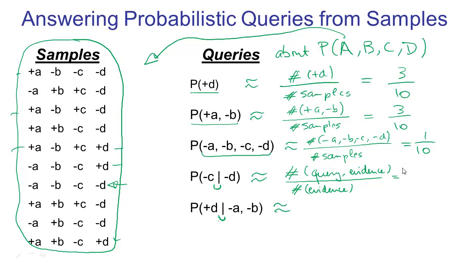So in this case, it's the number of times in the samples we see minus c and minus d divided by the number of times we saw minus d. Minus d appears 7 times. Minus c minus d appears 4 times. So our estimate is 4 over 7.